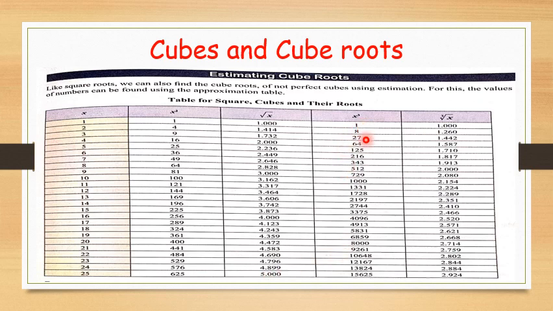Then again the cube of the first 25 natural numbers is given to you, and along with that the cube root of the first 25 natural numbers is given to you. So at least try to learn the square and the cube of the first 25 natural numbers.